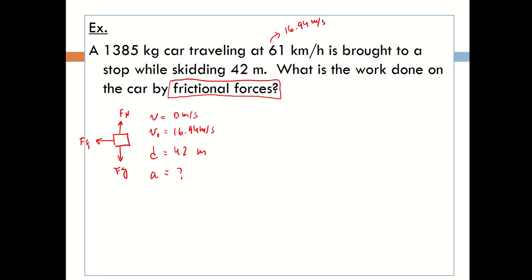So there's an equation that you can use to find the acceleration without time, and that's going to be the acceleration given by v squared minus v naught squared over 2d. So if you plug in the values, we get 0 squared minus 16.94 squared over 2 times 42. And the acceleration in this case turns out to be negative 3.42.